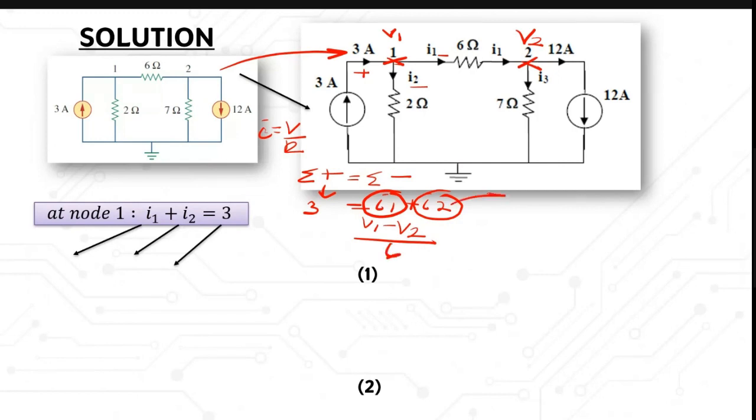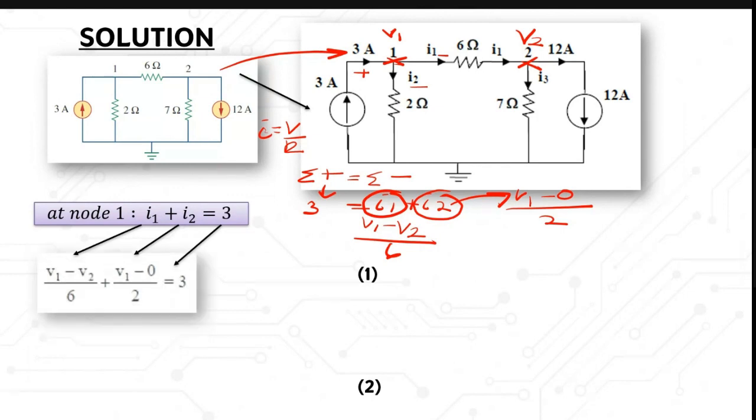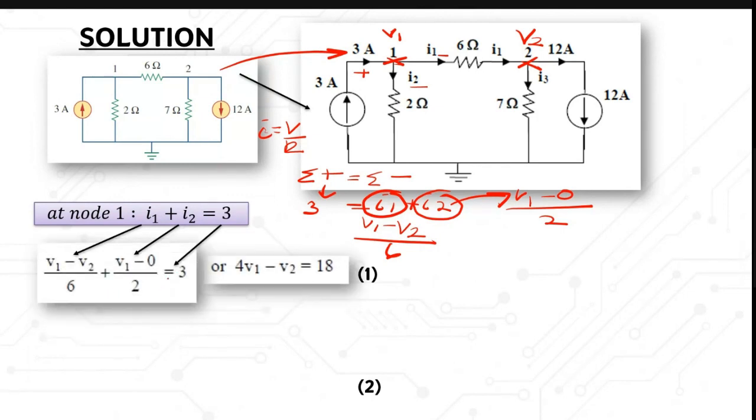And for I2, it follows the current direction here: V1 minus V0 over 2. So you have this equation, which is 3 equal to V1 minus V2 over 6, plus V1 minus 0 over 2. Just write like this and then simplify.